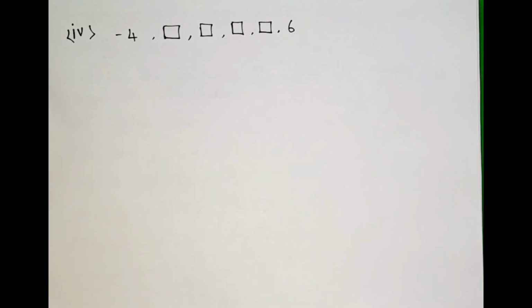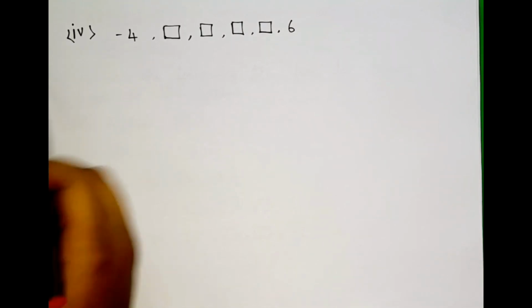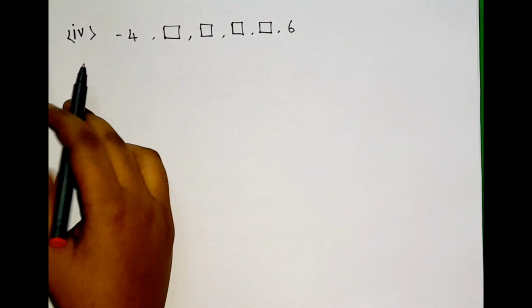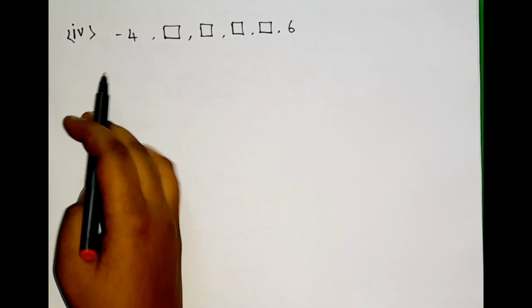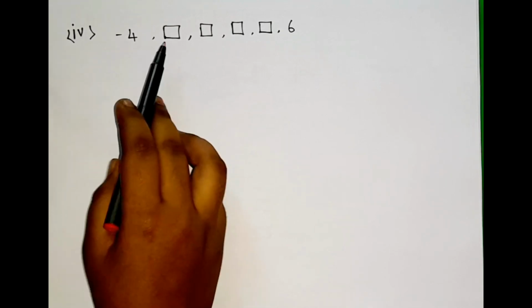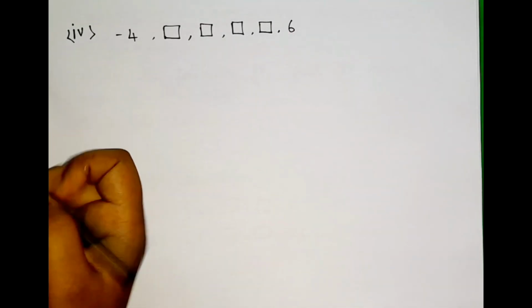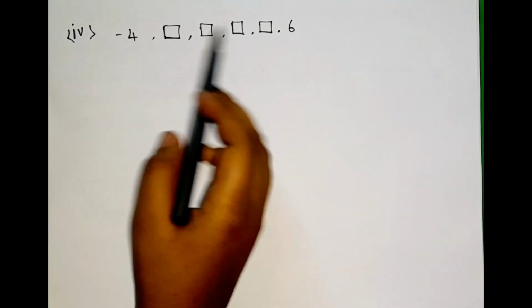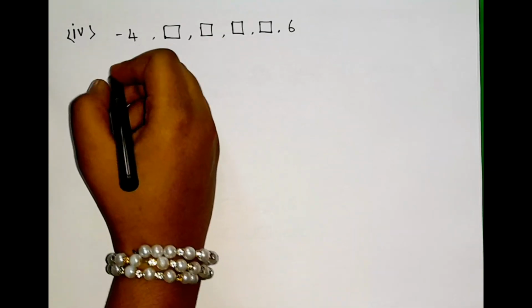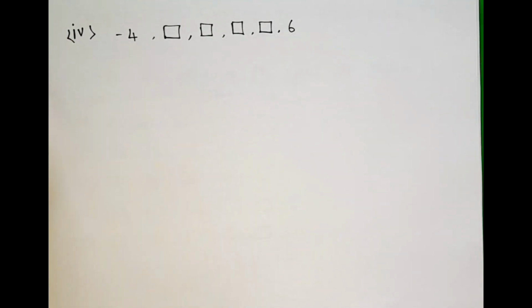Alright guys, now let us solve the fourth subdivision. According to the fourth subdivision, we have minus 4, box, and 6. I know guys, we have to find a lot of missing boxes. No problem, we know how to find them, so it's going to be easy.